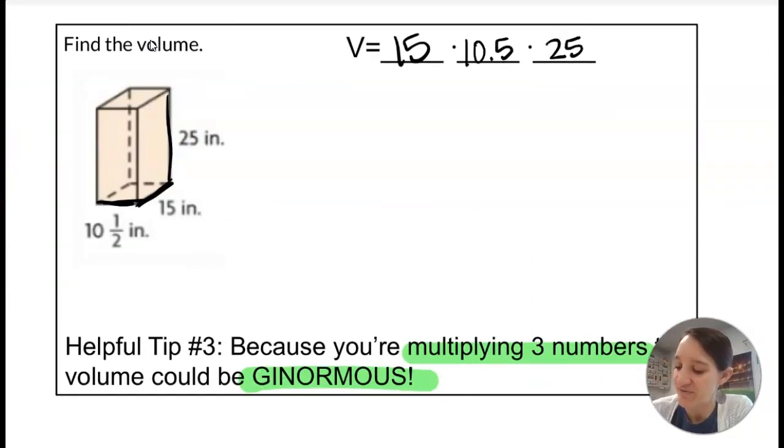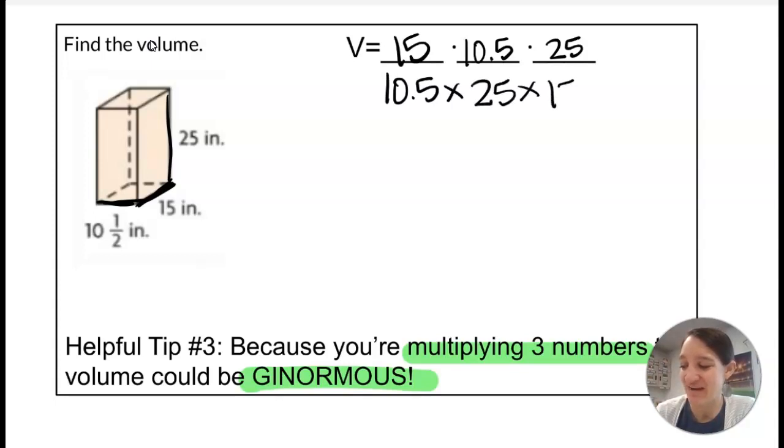Now, do you have to worry and be like, oh, is 15 the length or the width or the height? I don't know. Is it going to be wrong if I do it in this order? Absolutely not, because of the commutative property of multiplication, which says the order does not matter.